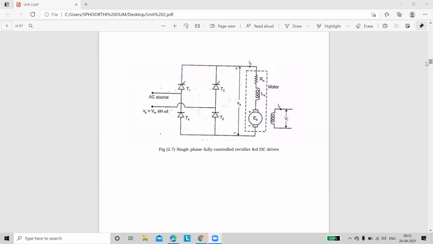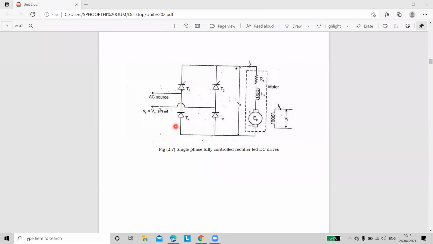Full wave rectifier means during the positive half cycle and during the negative half cycle, rectification is done and we get some output voltage. It is a rectifier, so the output voltage is obviously DC. The 4 thyristors are named T1, T2, T3 and T4.